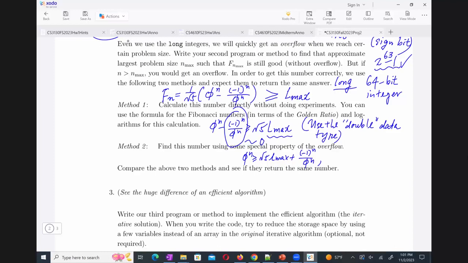How about we consider another inequality, a more generous inequality. Let me write it this way: phi to the n greater or equal to root 5 times L max plus 0.1. Is that 0.1 much bigger than that term, whatever it is? So we replace that complicated term.